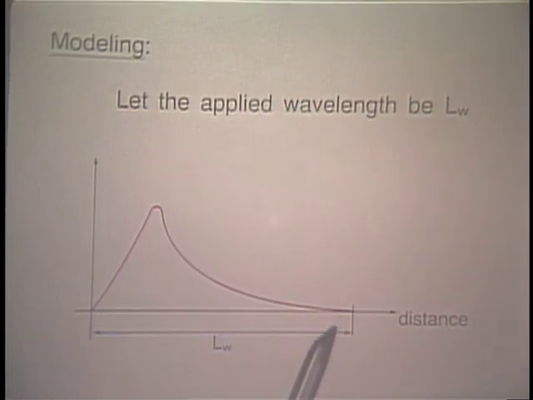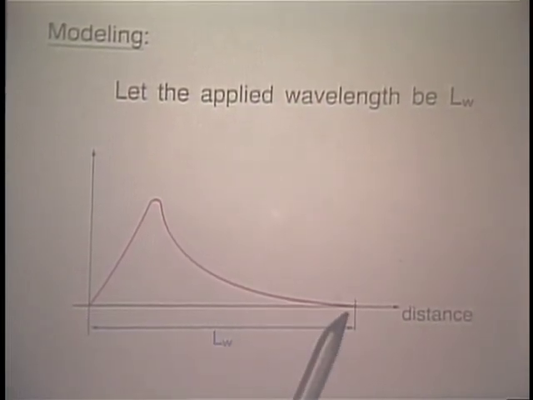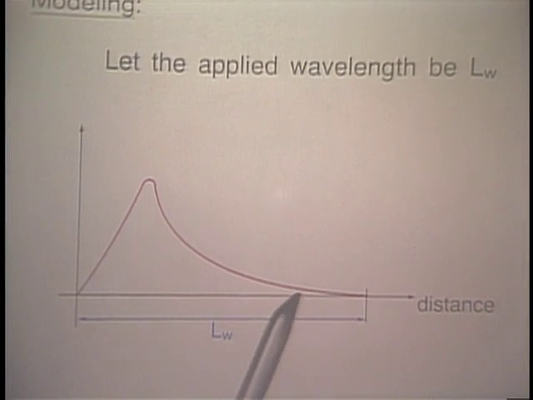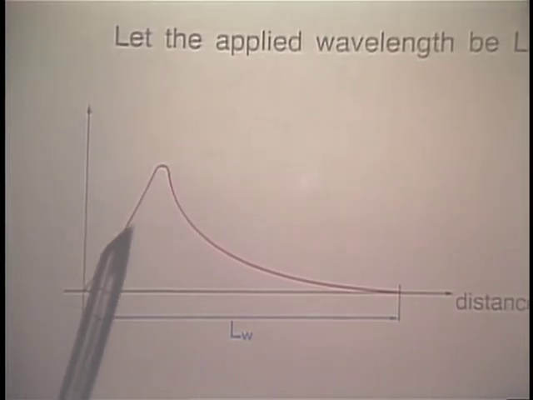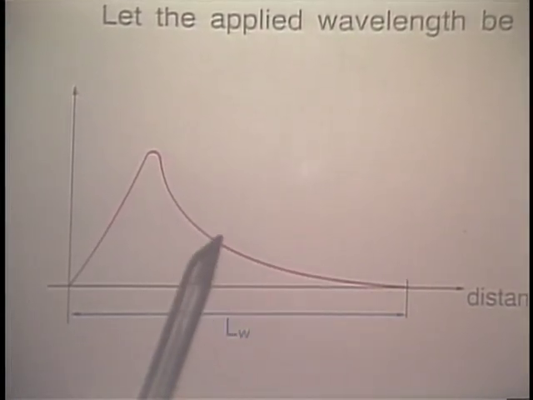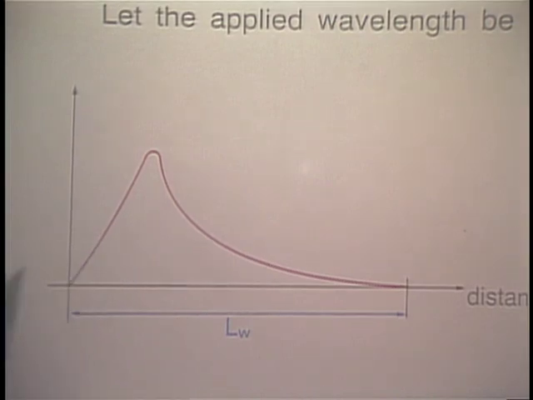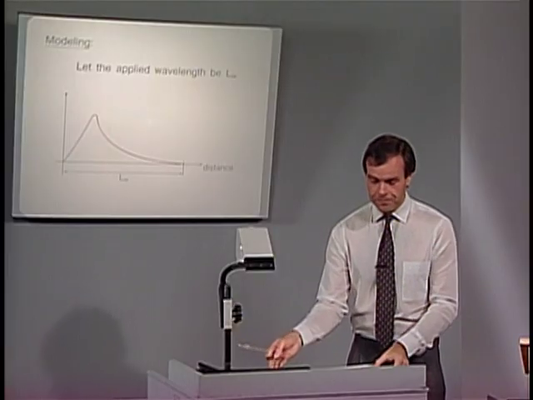Let's look at some modeling aspects regarding this technique. Let the applied wavelength be L_w, as shown here. Here schematically we show a wave. And let's see how we would model the finite element system appropriately when we apply to that system this kind of wave.